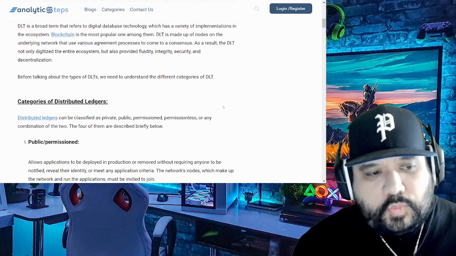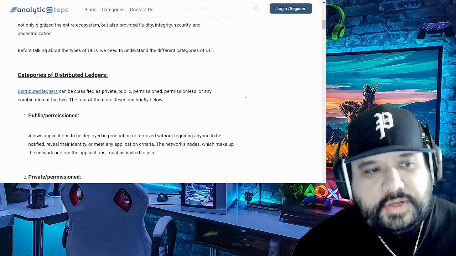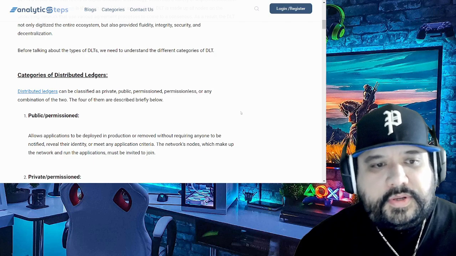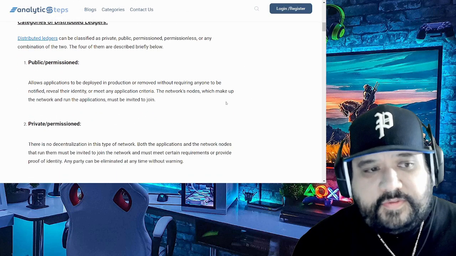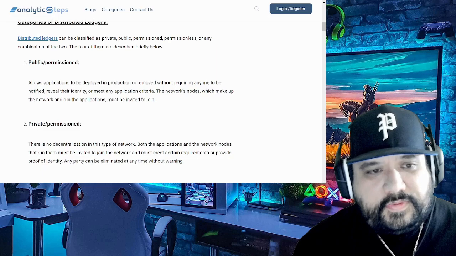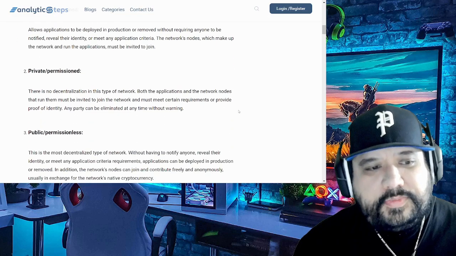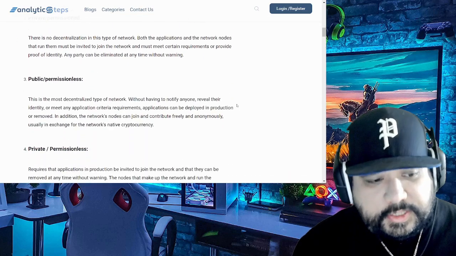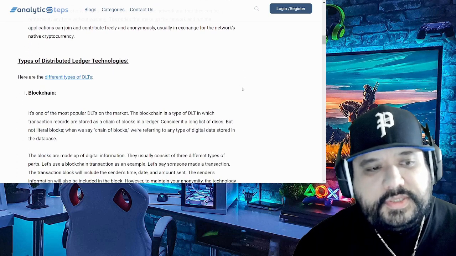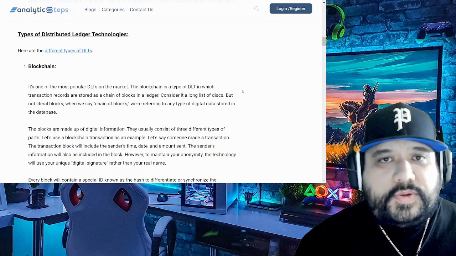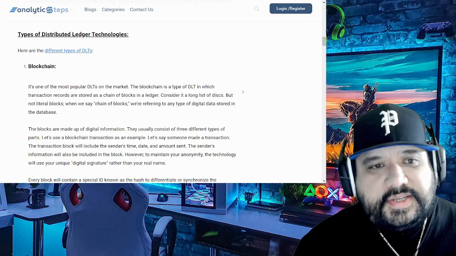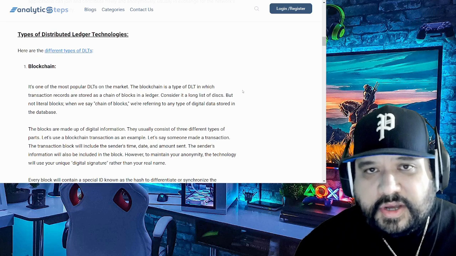And I'm going to jump right to the specifics. As we know, there are categories of distributed ledgers. You're going to see these mentioned here, 4 of them: public/permissioned, private/permissioned, public/permissionless, private/permissionless. But what you're going to specifically see is the different types of those particular technologies.